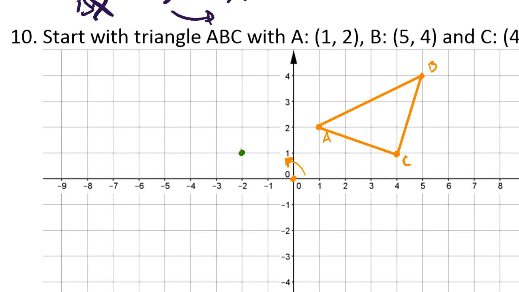Now, I want to try and make the case for what's happened here, right? You can see the coordinates of A as it was. A was at 1, 2, and I'm claiming that A is going to go to -2, +1. So just kind of look at these and think about it. This is a counterclockwise rotation about the origin.